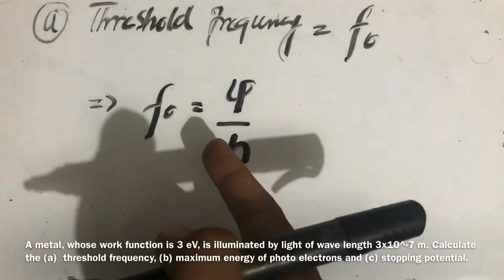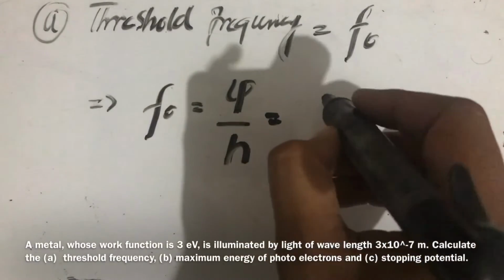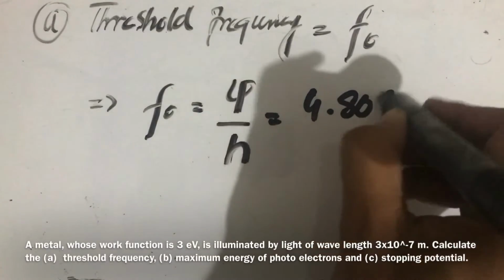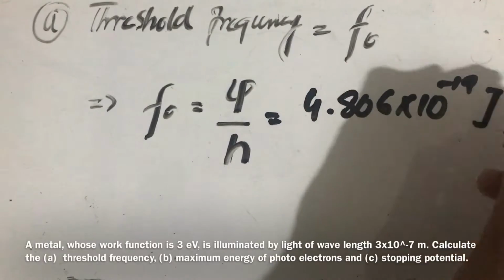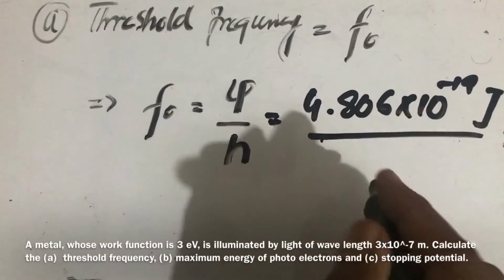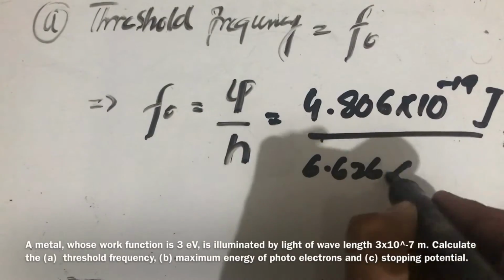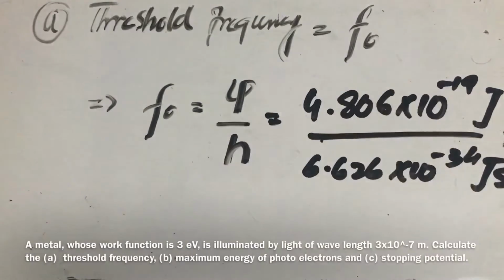Now this is very simple. We have the value of phi and we have the value of h. The value of phi is 4.806 multiplied by 10 raised to power minus 19 joule divided by the value of Planck's constant, 6.626 times 10 raised to power minus 34 joule second.